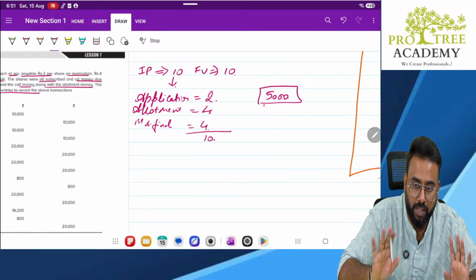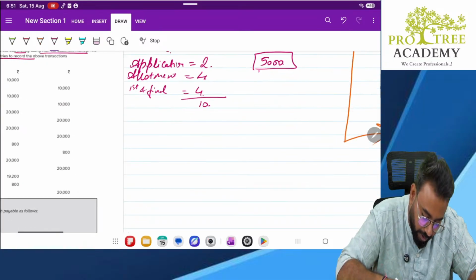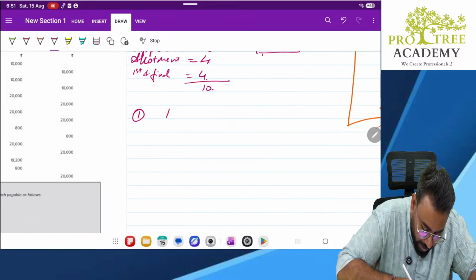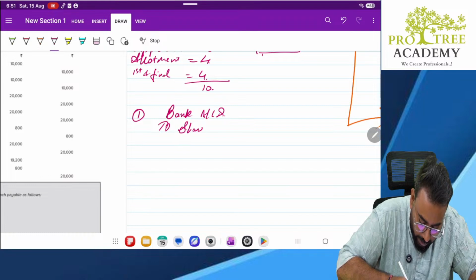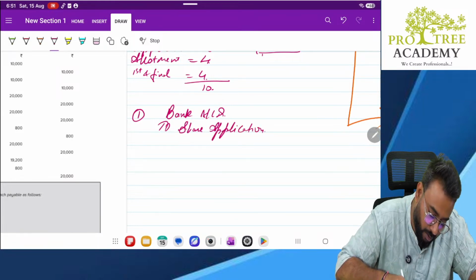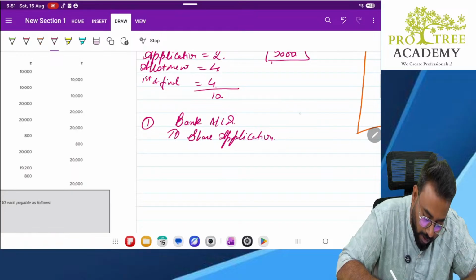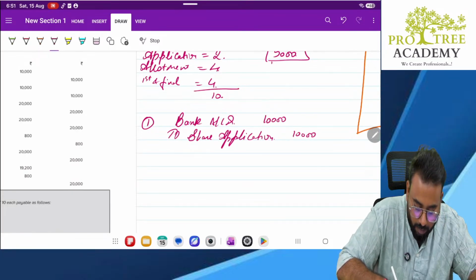When the application is received, what is the entry we pass? The entry we pass is bank account debit to share application. Correct? Now what is the amount? 5,000 into 2 is 10,000. Correct?